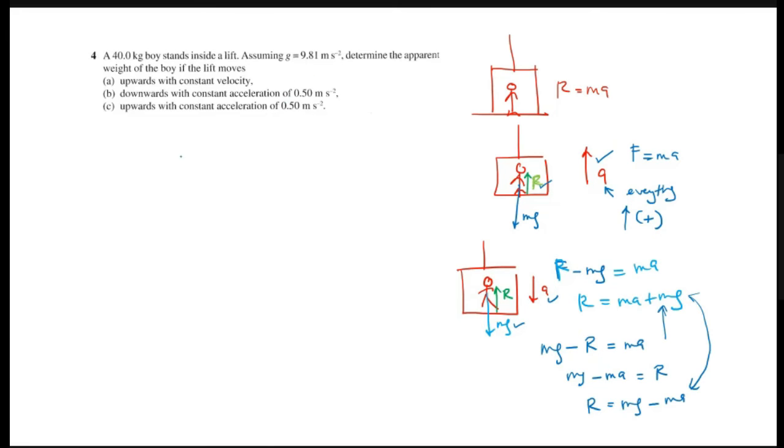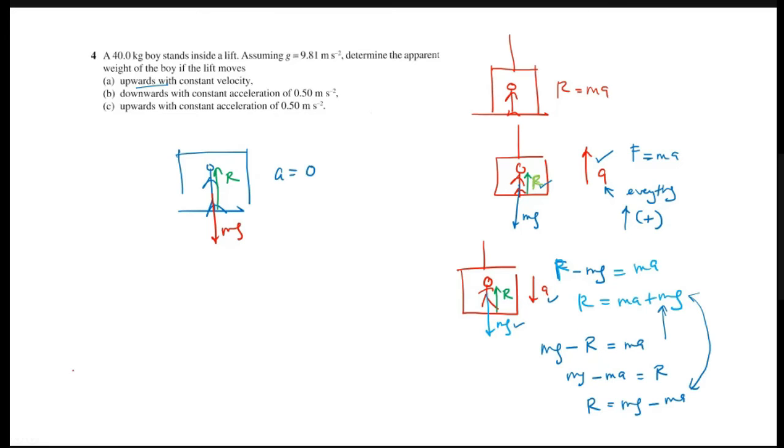We have a 40.0 kilogram boy standing inside the lift. Assuming g is pointing downwards, determine the apparent weight of the boy if the lift moves upwards with constant velocity. So A equals 0 at this point. R is pointing upwards, mg is pointing downwards.